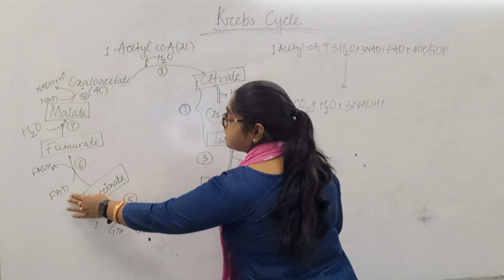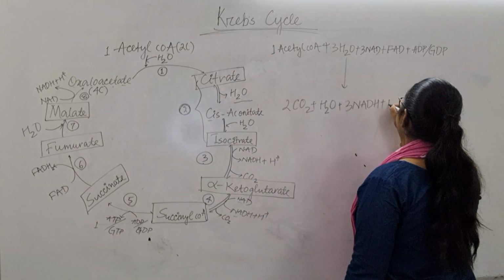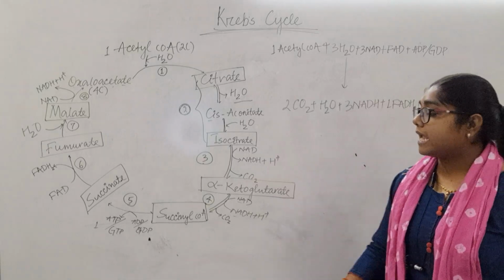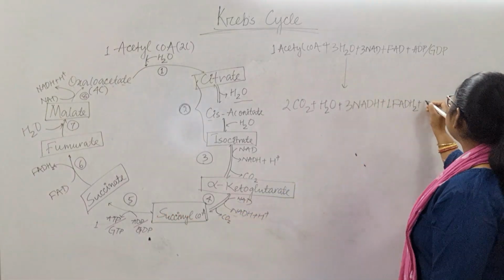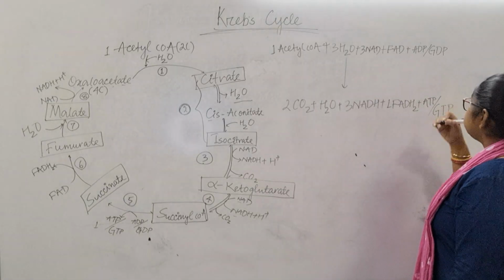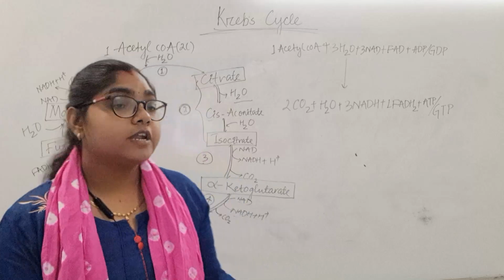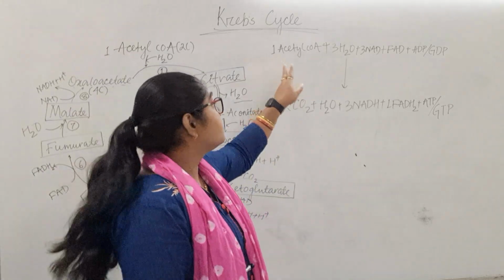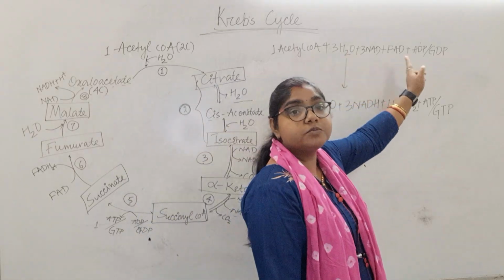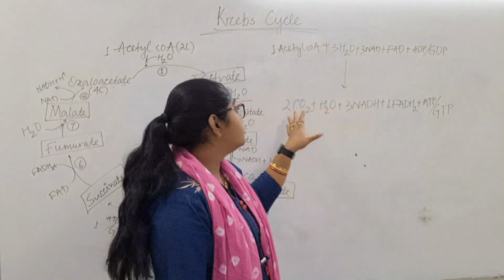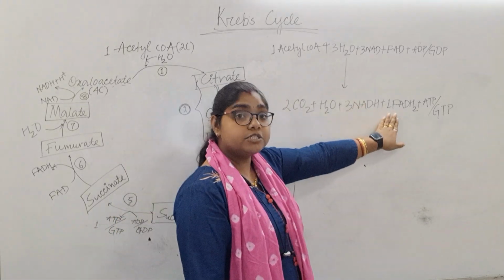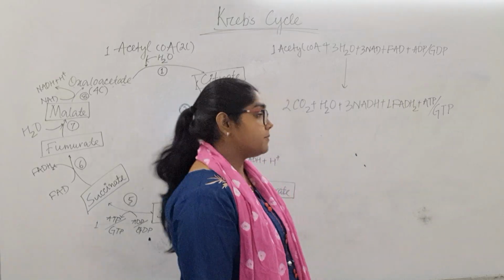From 1 FAD, in the sixth step, it is producing FADH2. And in the fifth step from 1 ADP or GDP it is producing 1 ATP or GTP. So this is the overall basic reaction of the Krebs cycle: 1 acetyl coenzyme, 3 water molecules, 3 NAD plus 1 FAD plus 1 ADP or GDP produce 2 carbon dioxide, 1 water molecule, 3 NADH, 1 FADH2 plus 1 ATP or GTP.